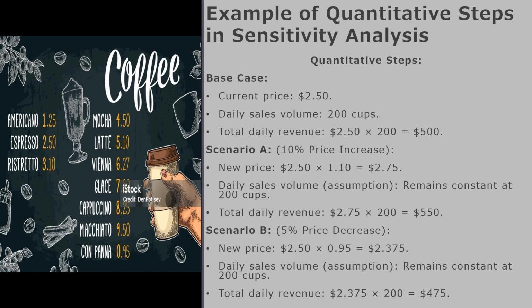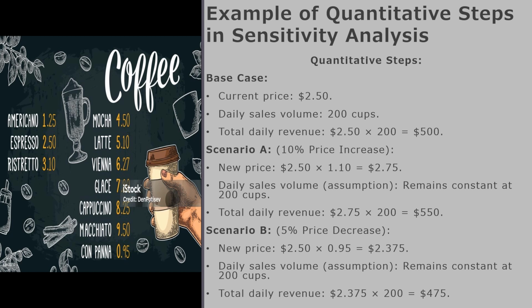In scenario A, with a 10% price increase, the new price becomes $2.75 per cup of espresso coffee. And then the daily sales volume, making the assumption that it remains constant at 200 cups per day, increases the total daily revenue to $550 per day for the sale of espresso coffee.